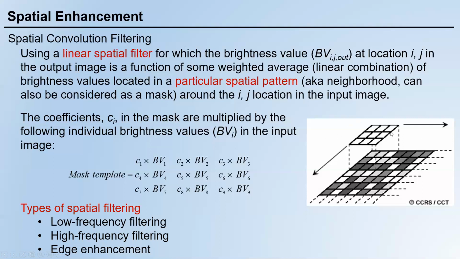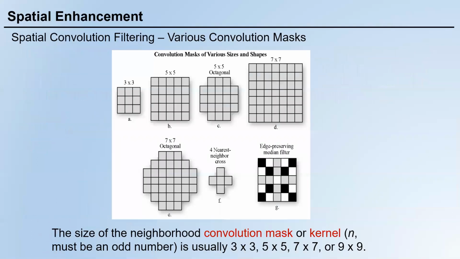You open a window, you open a mask, and you use different coefficients to assign different weights to different pixels within this window, within this neighborhood, and eventually you calculate a new value for the central pixel. So when we're talking about different types of spatial filtering, we have low frequency filtering, high frequency filtering, and edge enhancement filtering. Let me show you how they work.